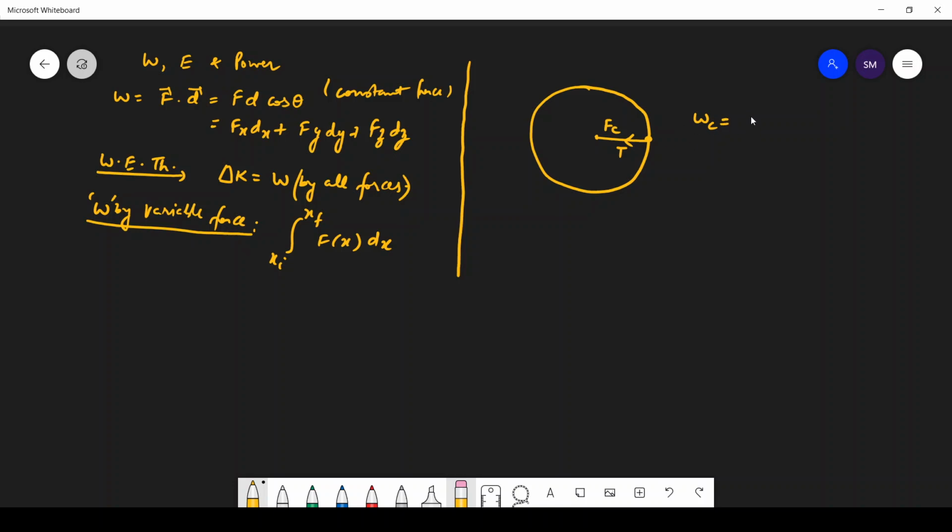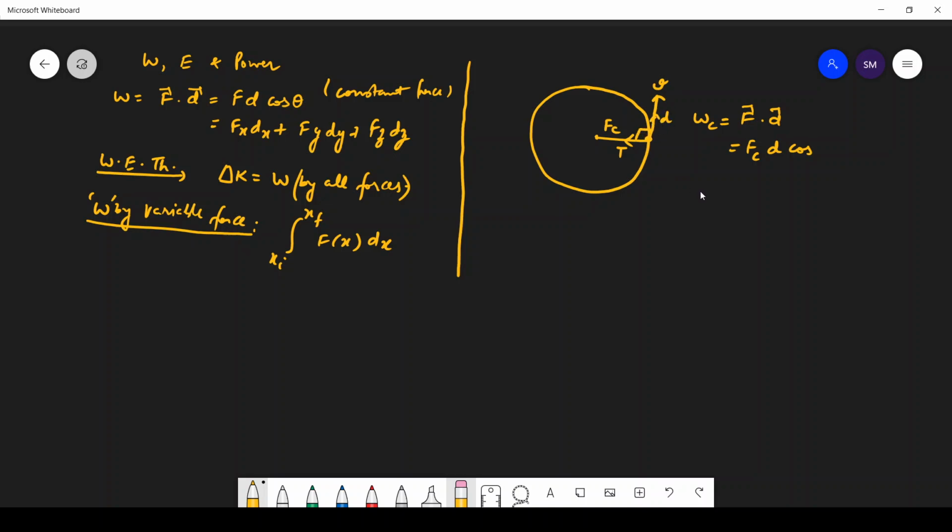So work done equals F dot D, and that equals centripetal force into the displacement into cos of theta. So what is the displacement here? The direction of velocity and direction of displacement are both along the tangent.